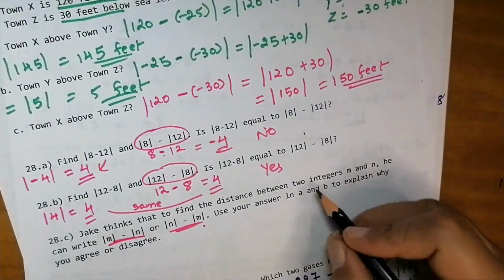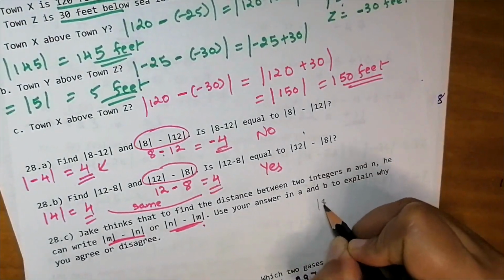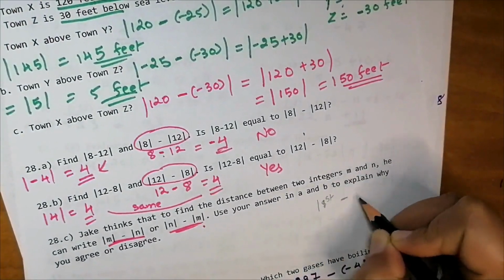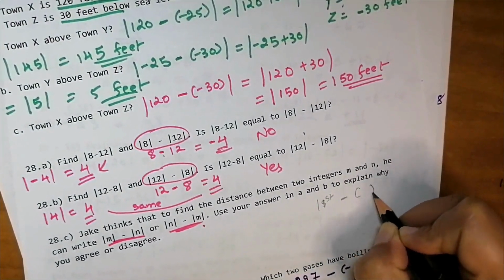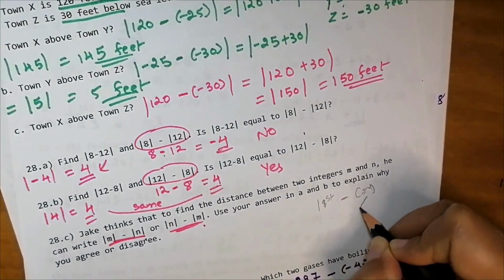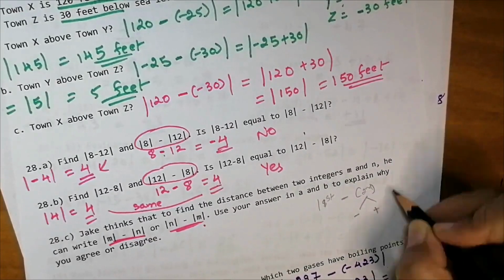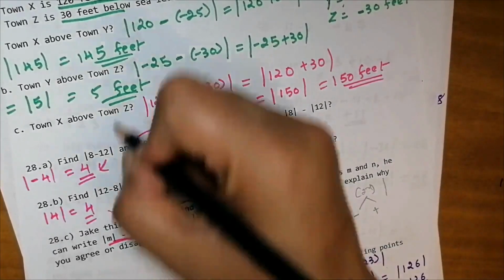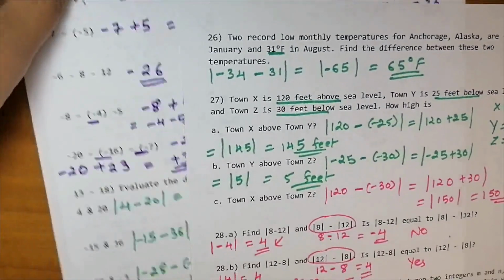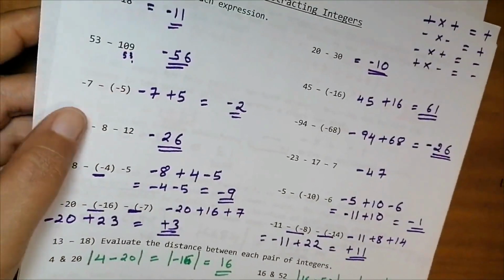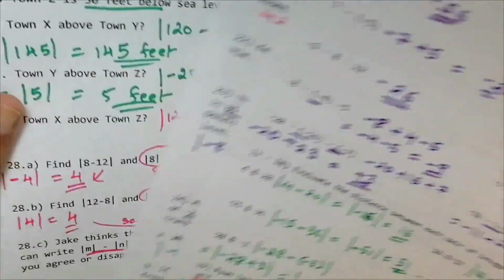Whatever it is, you write the first number, minus then whatever the second number is. This can be either negative or positive. So whatever that number is, this is how you do it. And all your word problems are based on that. Okay, so this is simple 1.4, subtracting integers.